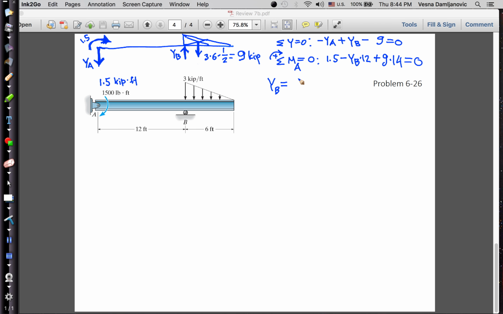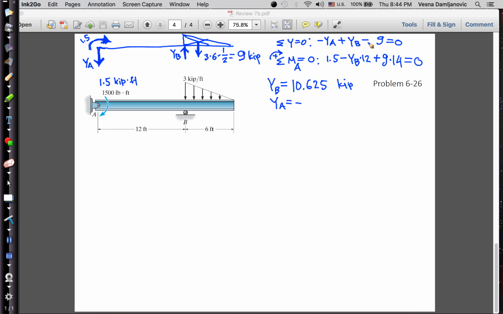I just calculated it, and it is 10.625 kips, okay?